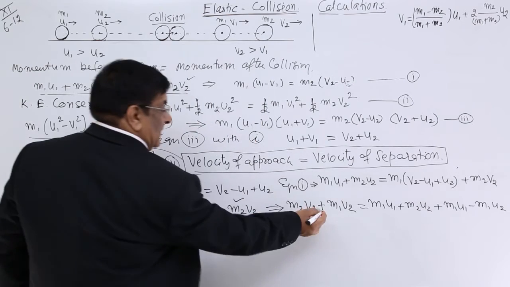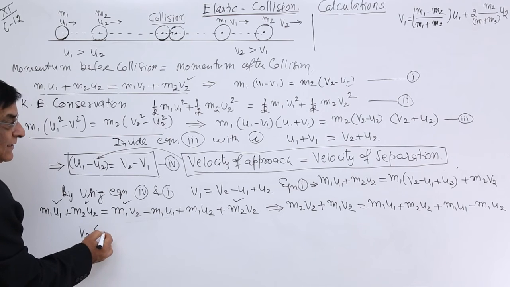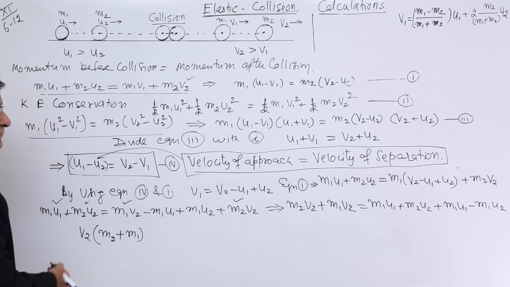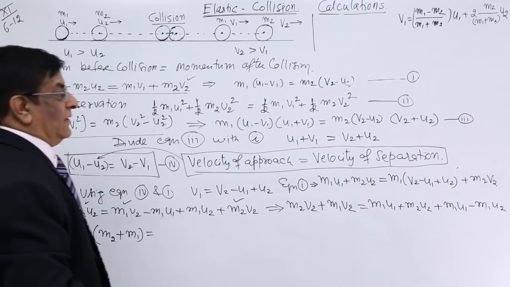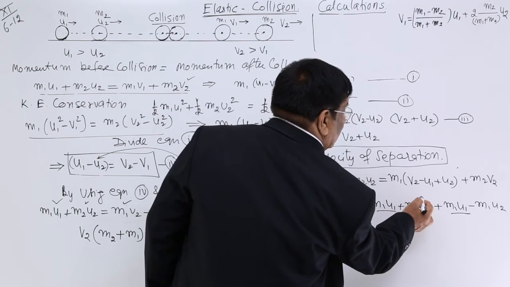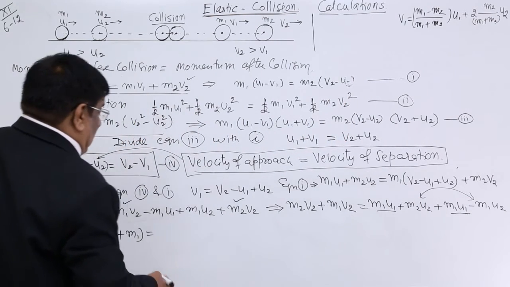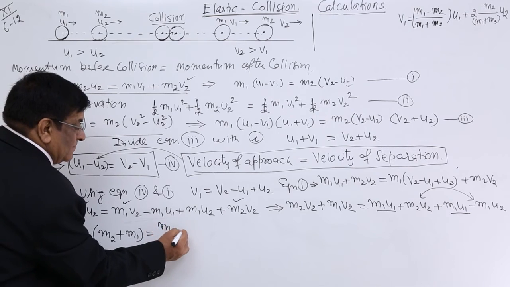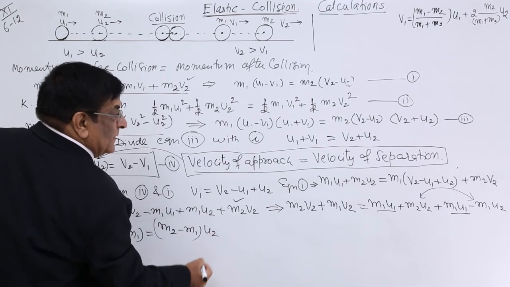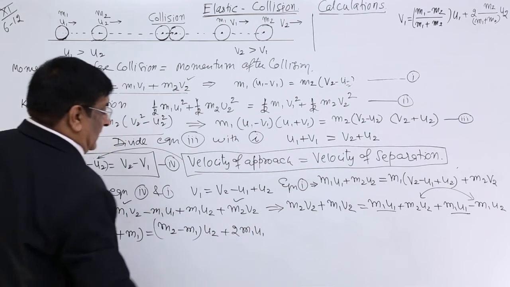So we have it here, v2 common, and there is m1 plus m2, equal to, here what do we have is this is same and these are having common u2. So this we can write as m2 minus m1 into u2 plus 2 m1 u1.